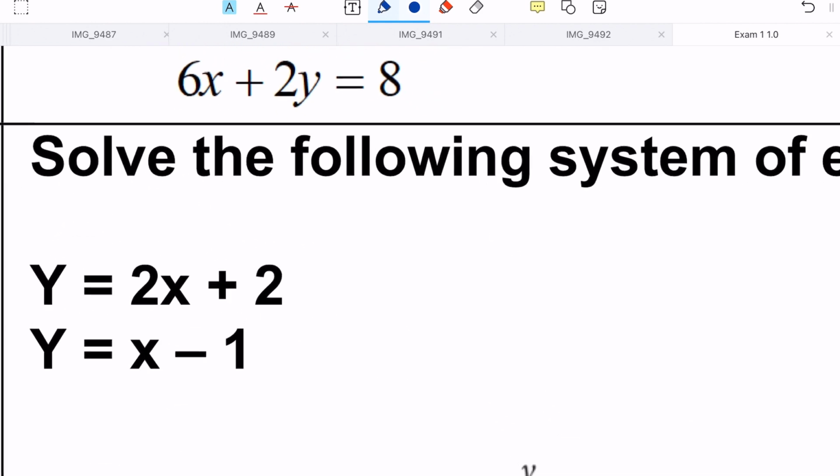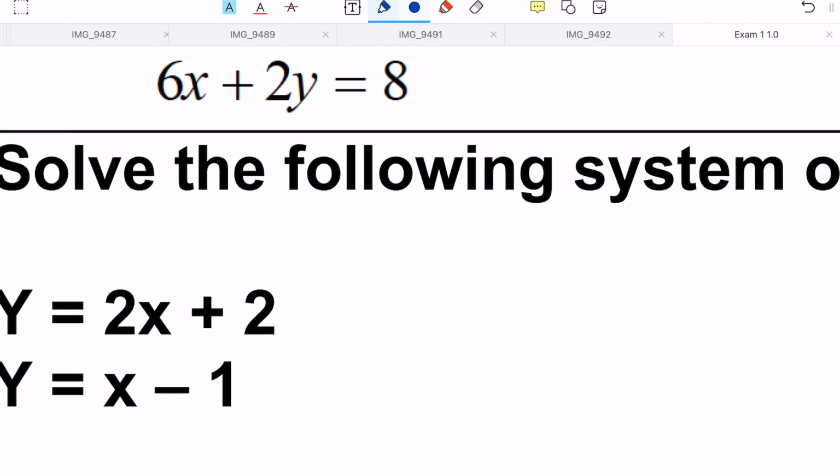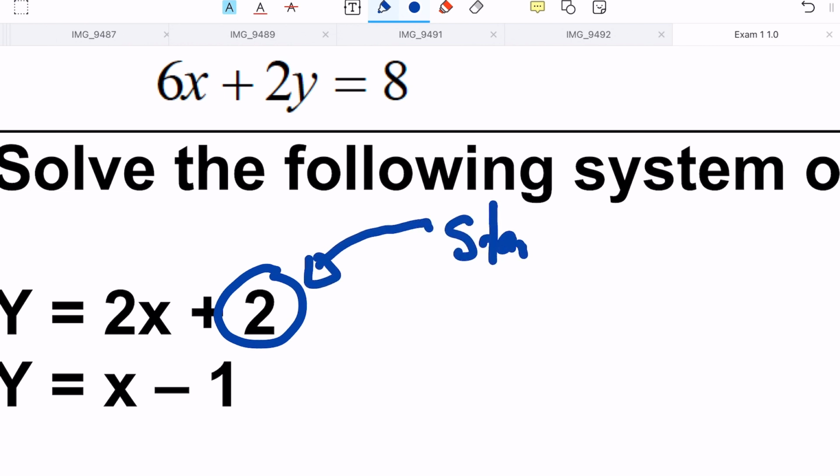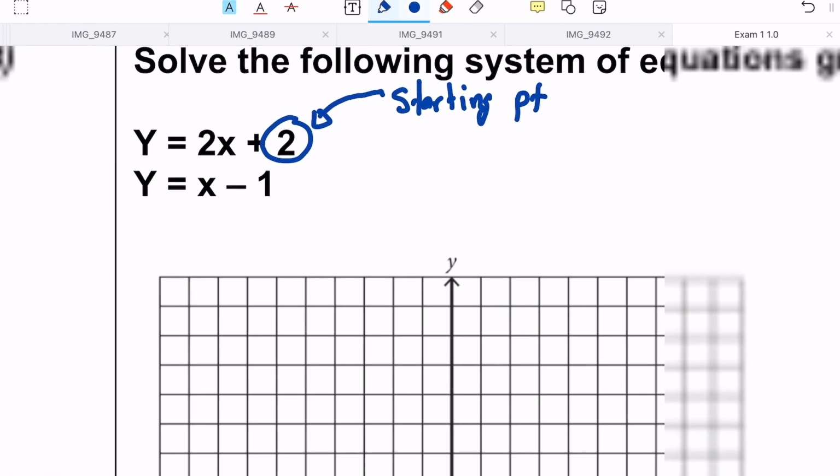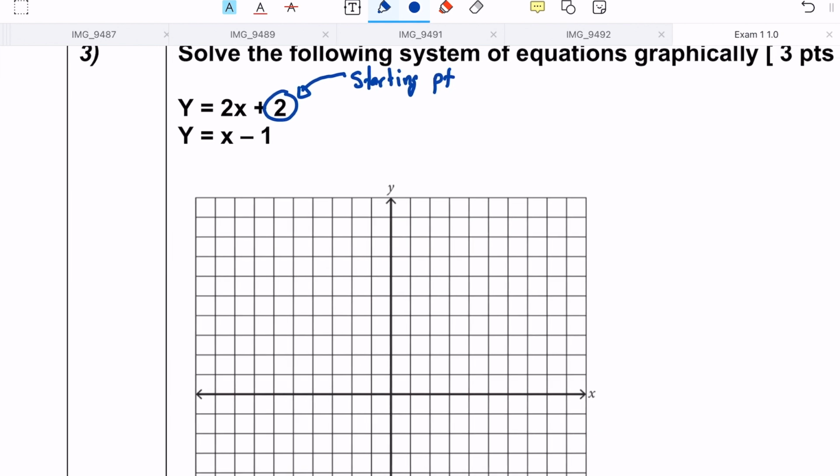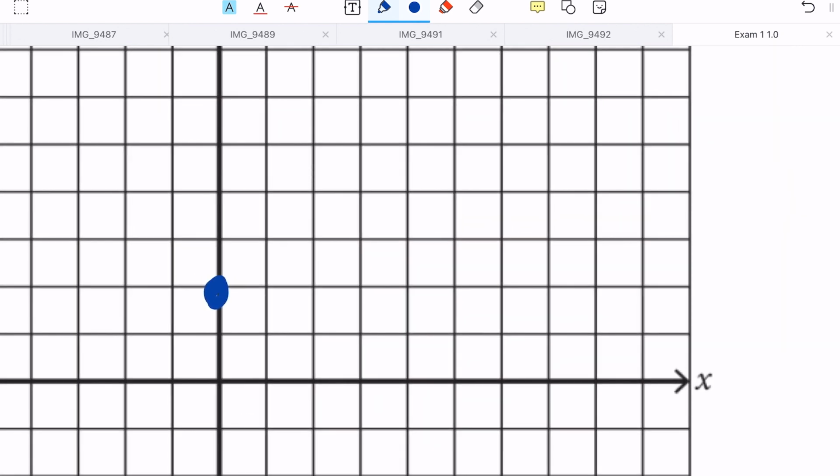So we see that the y-intercept is 2. That's going to be our starting point. So I'm going to go to the y-axis, and I'm going to put my point on 2.